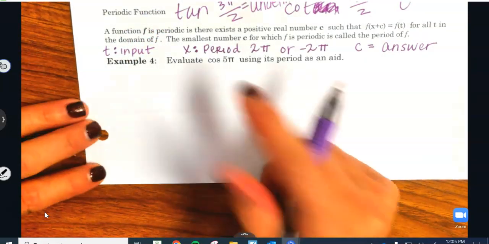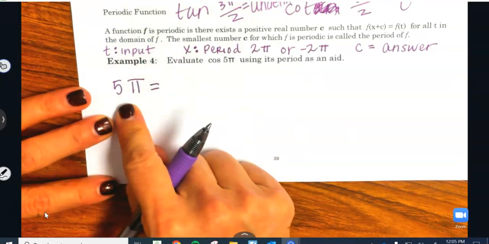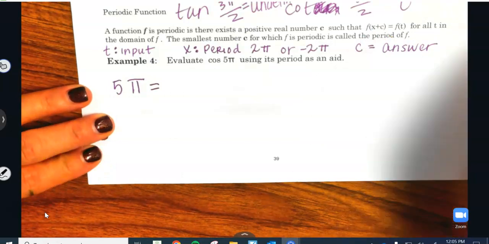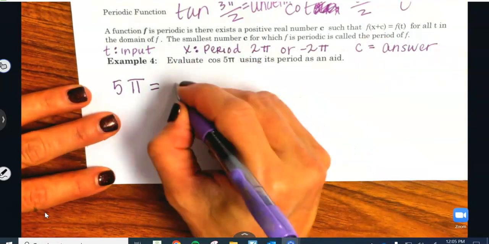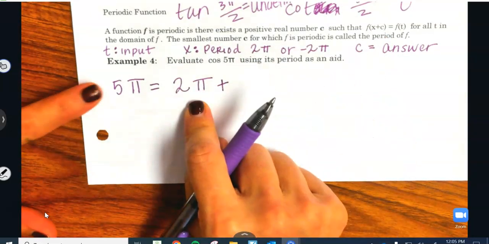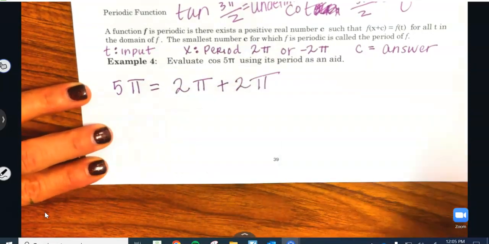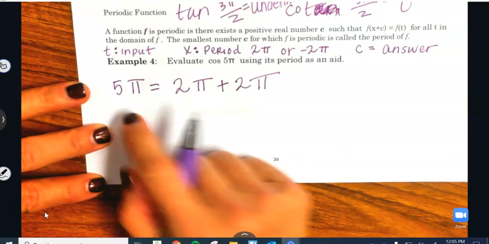All right, so I'm looking at 5 pi. Remember, 5 pi is my t value, and that is going to equal x plus c. What is x? x is a period of 2 pi. So I'm going to write 2 pi plus, that's not enough. I need to add another period of 2 pi. Remember, 2 pi plus 2 pi is 4 pi. Not enough.